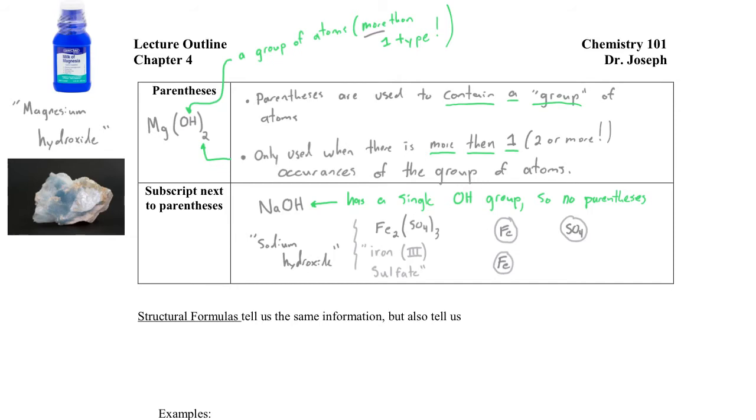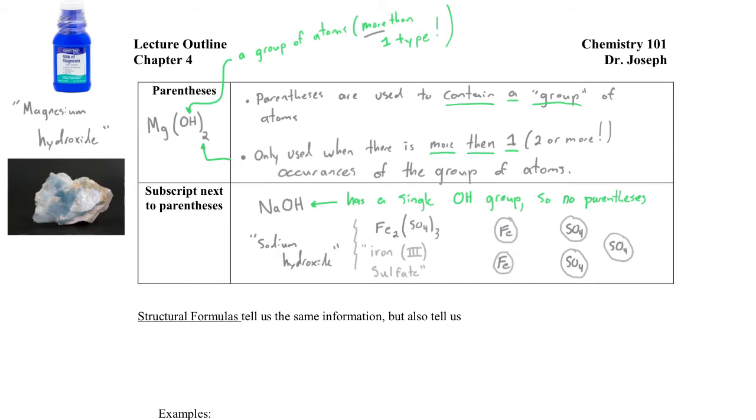And because of the subscript 3, that tells me I should have 3 sulfate groups. Altogether, my mind visualizes this in a number of different ways, one of which looks something like this. I visualize 2 iron atoms and 3 sulfate groups. Notice there I said sulfate groups.